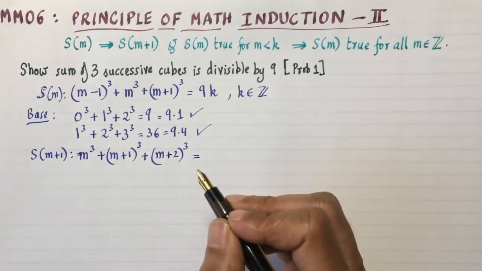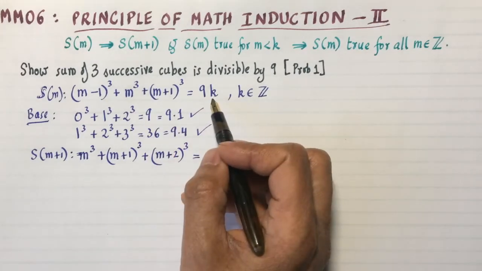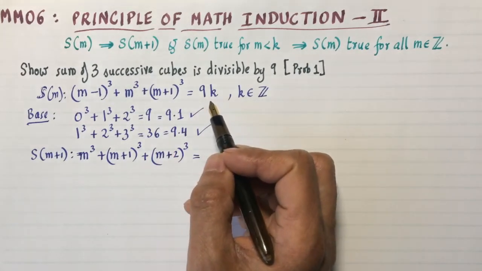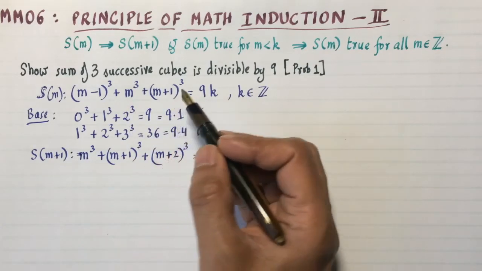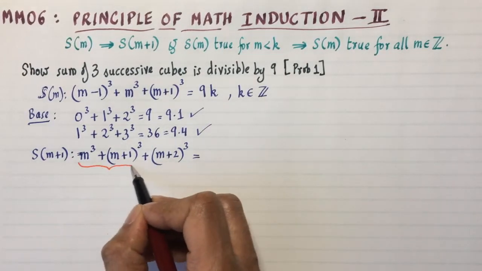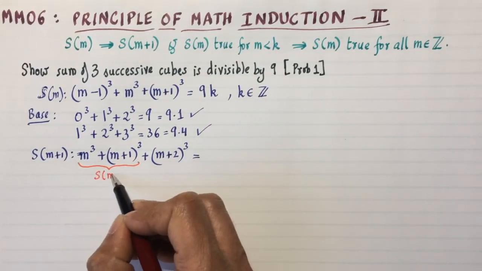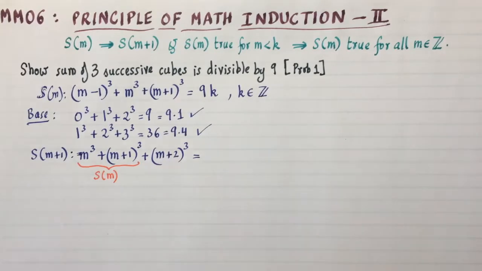In establishing results like this, you have to use the assumption S of m at some point. But S of m has got m cubed and m plus 1 cubed, so I can use S of m here. I cannot do anything with m plus 2, I just have to keep it as it is.